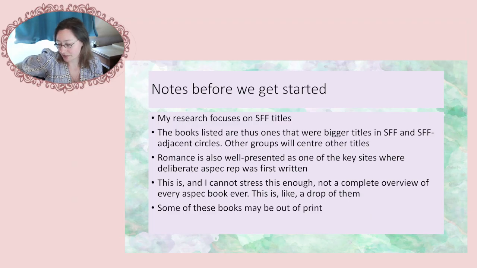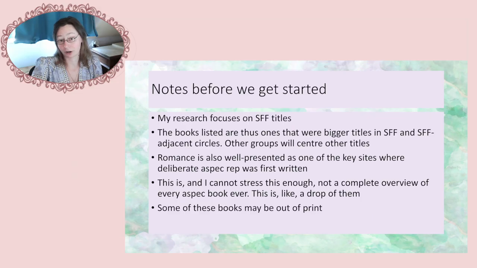But yeah, in this case, there's also a reason why science fiction and fantasy is pretty dominant in the early contemporary sections. And that's basically because that's where the representation started, and it branched out from there into especially romance and young adult fiction. But you can find it basically anywhere if you look or know how or where to look.